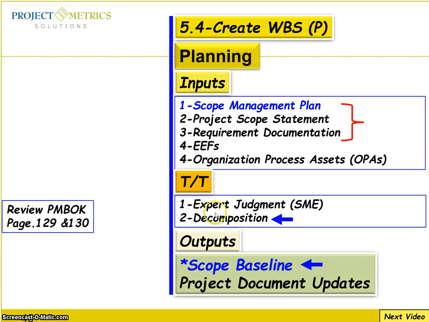I like also to look at a new expression here in tool and technique, which is called decomposition. And the output here, when you create the work breakdown structure, you're going to get the scope baseline, which is part of your project management plan. Now, if you try to review all these things in the PMBOK guide, see pages 129 and 130.